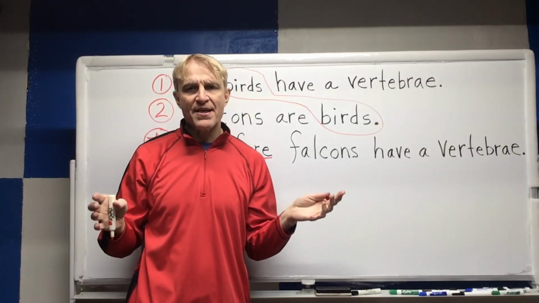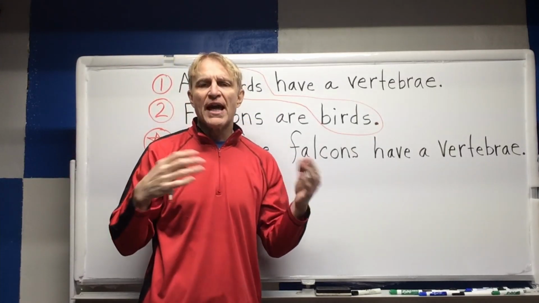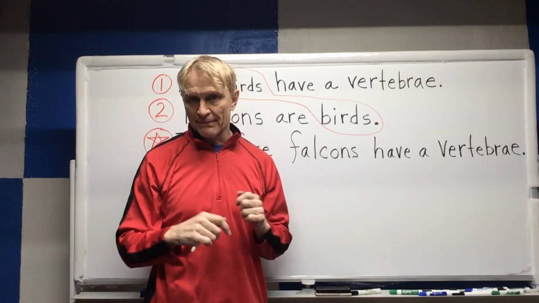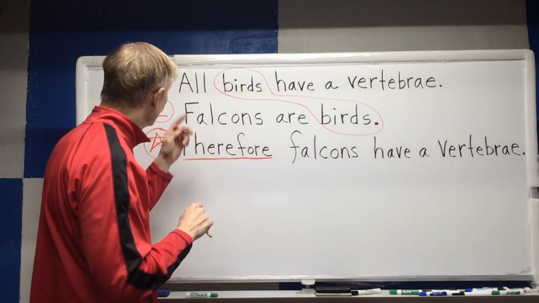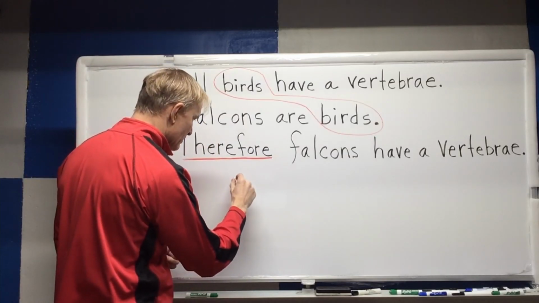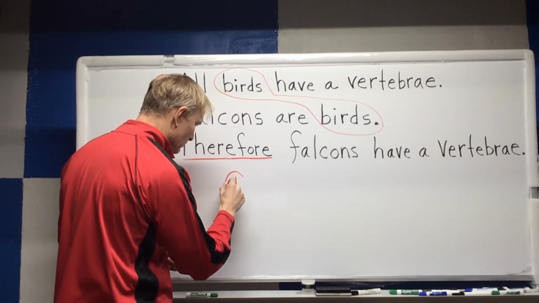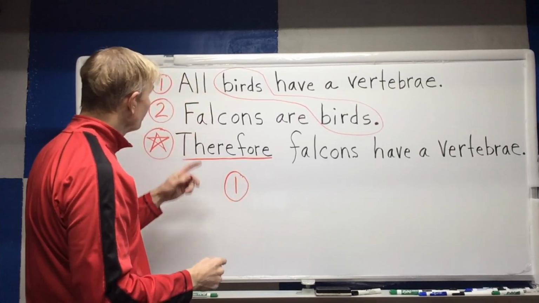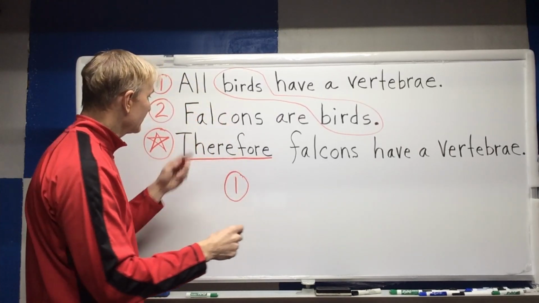So if they're not independent, they must be dependent on one another. And I'm going to use a plus sign. So I'm going to say statement 1 is jointly related to statement 2.